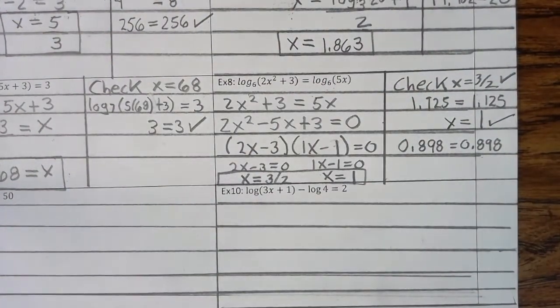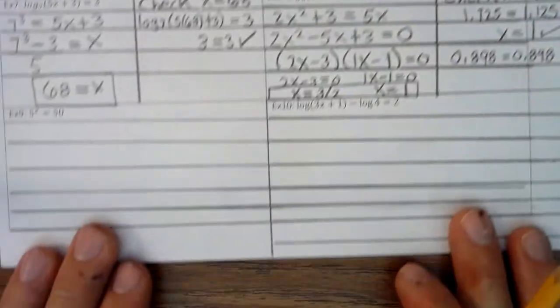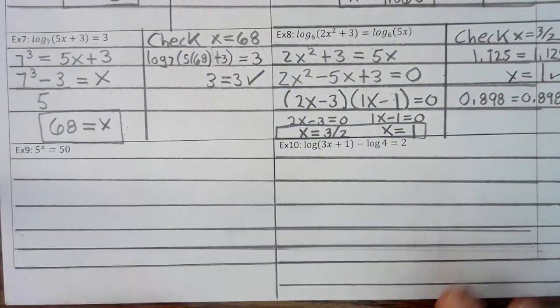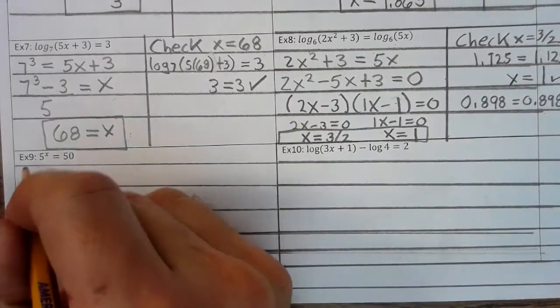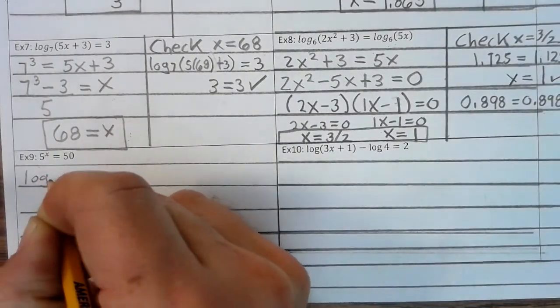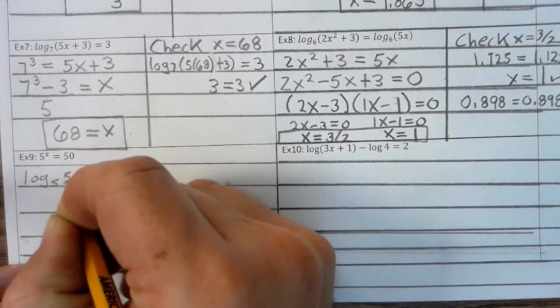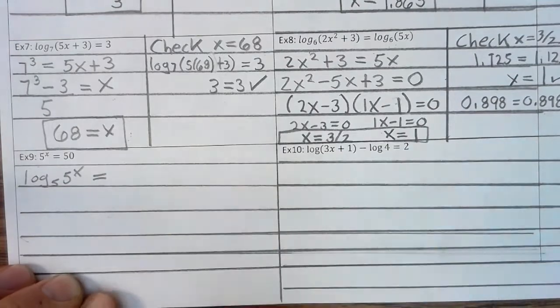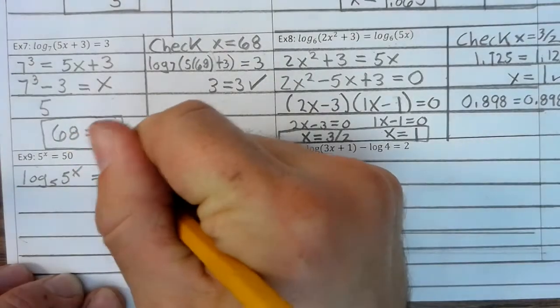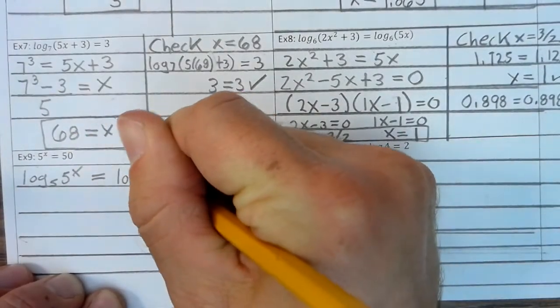All right, so now let's move on to example 9. For example 9, we need to take the log base 5 of both sides. So that's log base 5 of 5x. We did that so that this will become 1 and we'll be left with x, but what you do to one side, you have to do to the other, so then that's log base 5 of 50.